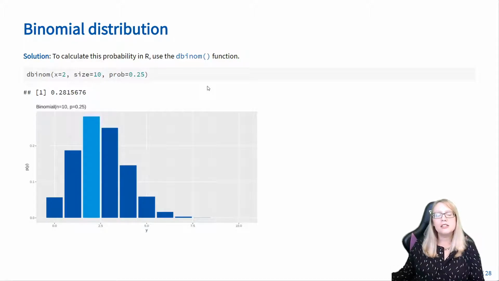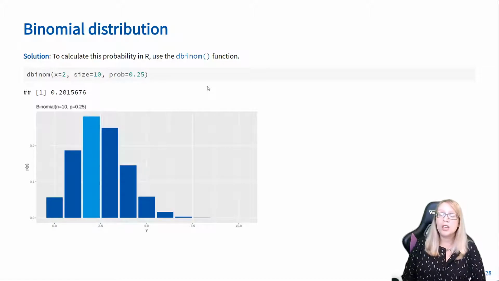If we'd like to calculate this probability using, say, R, instead of calculating it by hand, we can do so with a function called the dbinom function. The binom stands for the binomial distribution. The d stands for the distribution. So we're calculating probabilities related to a binomial.